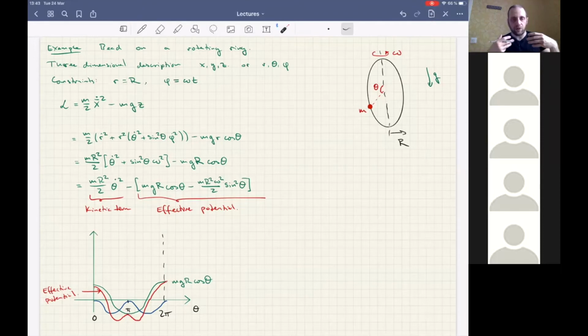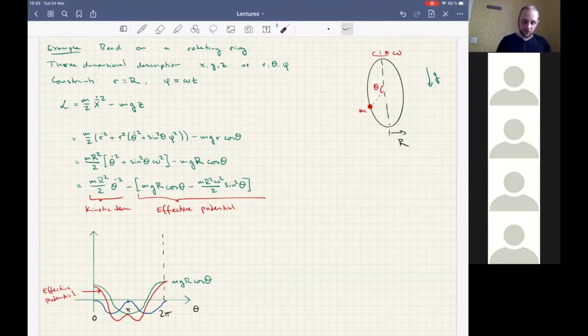However, if you start increasing the speed at which this rotates, eventually, you can see that at pi, the second derivative of this original potential term and the addition due to rotation have different second derivatives.